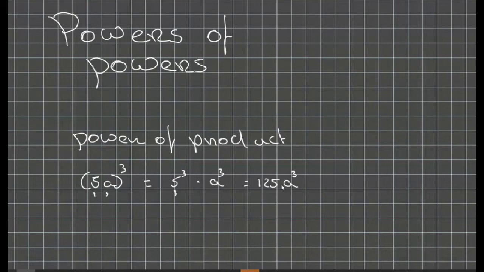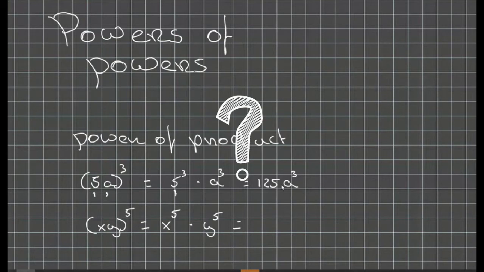Okay, so let's look at another one. If I have (x times y) to the power 5, how can I simplify this? How can I write this down without brackets? I have to take each factor of the product and raise it to the power 5. Now, we learned earlier that you can actually add the exponents if you multiply powers, but when is the only time I can do that?